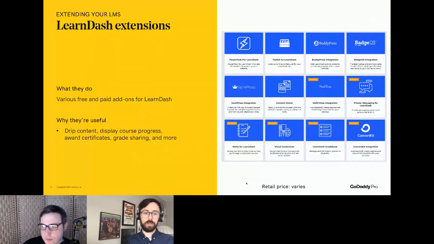The other thing that a lot of LearnDash extensions are doing, though, is integrating with other services. So you'll see some other logos appear in their list. On here, we're looking at MailChimp, Gamipress, BadgeOS, ConvertKit. These are all other features, their own full-bodied thing that you're working with, that now you can integrate with your courses.